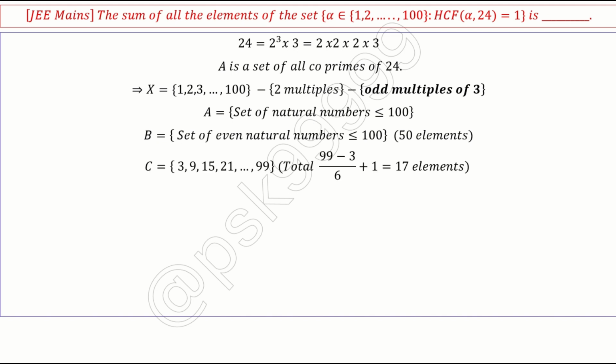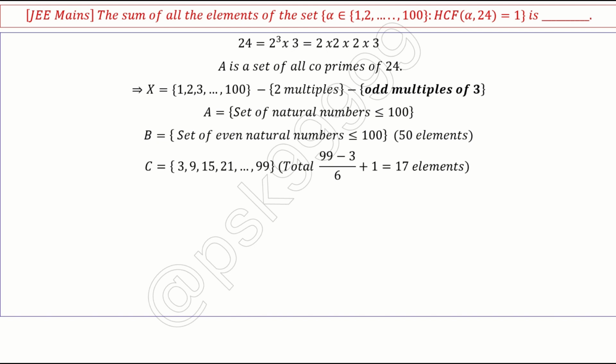Set C is 3 to 99, all odd multiples of 3, so they will have a difference of 6. So it is an arithmetic progression from 3 to 99 with a common difference of 6. How many elements are there? How do you find out? Last number minus first number divided by common difference, which is 6, plus 1. So there are 17 elements in this.